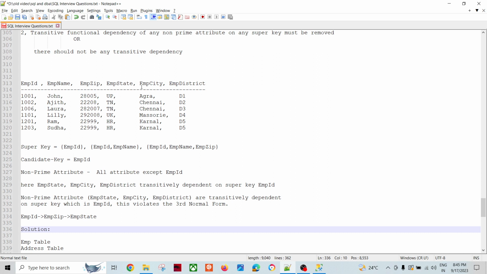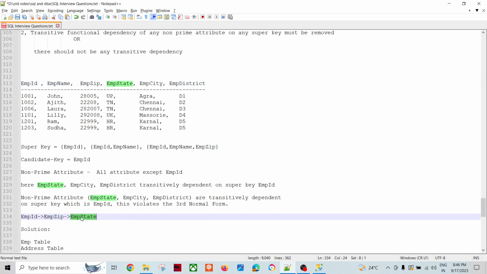Forget about city and district. Let's talk about the state column and employee zip column. Employee ID column belongs to the employee ID. But let's talk about the address attributes. There is an employee zip. So employee zip can determine the employee state.